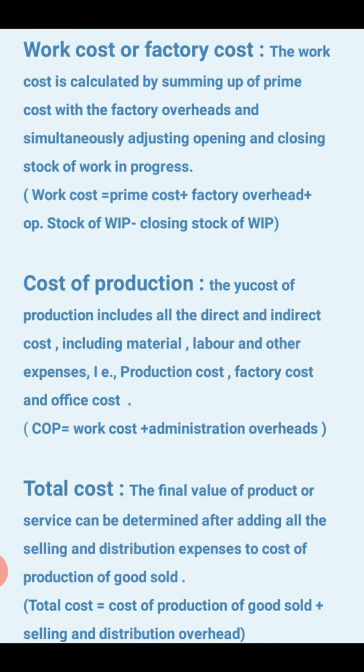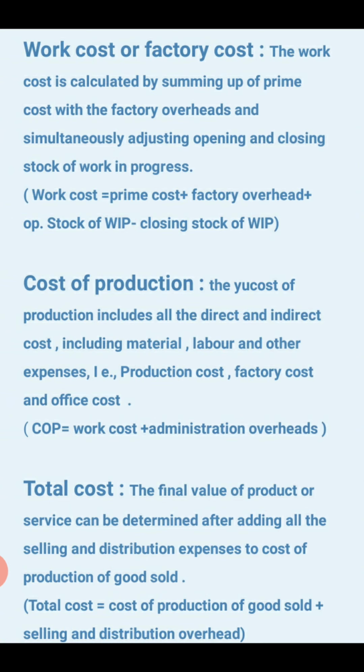And the second cost is work cost or factory cost. After we arrange raw material, labor and wages, the next step is to start our factory or work, so the second head is work cost. Work cost is calculated by summing up prime cost and factory overhead.